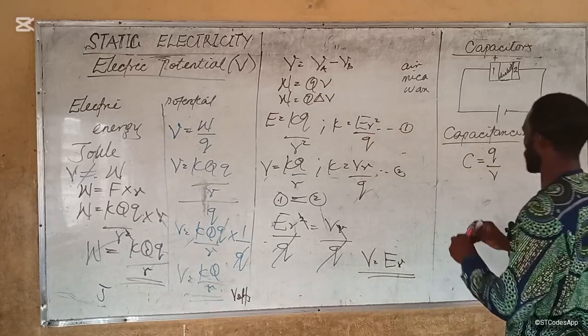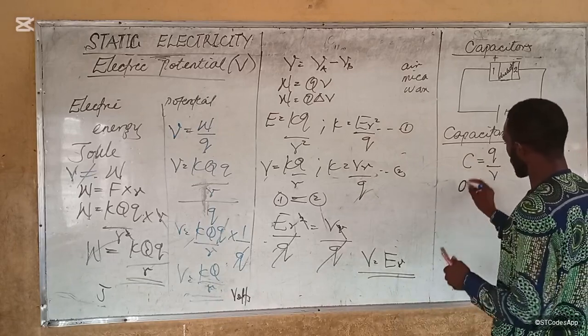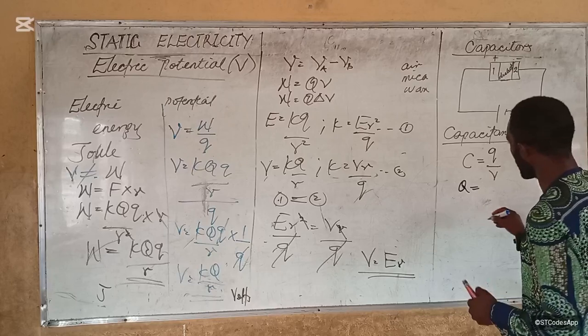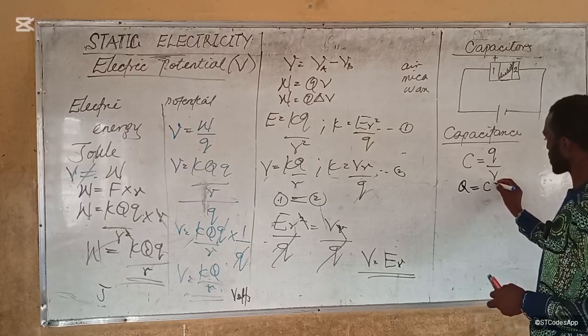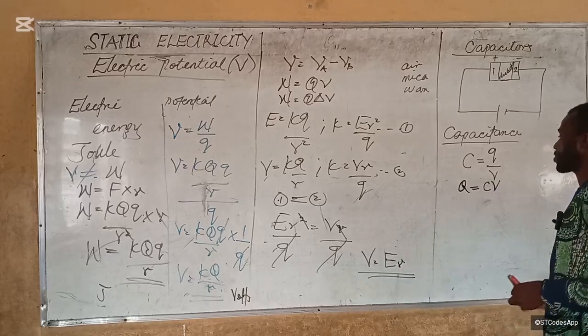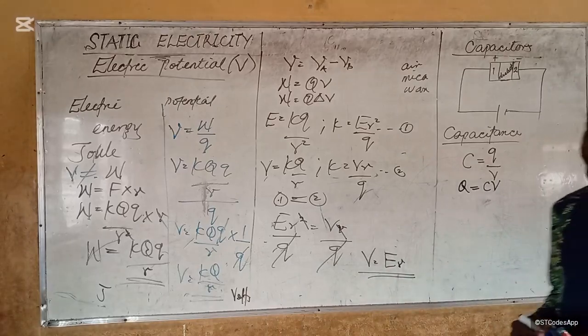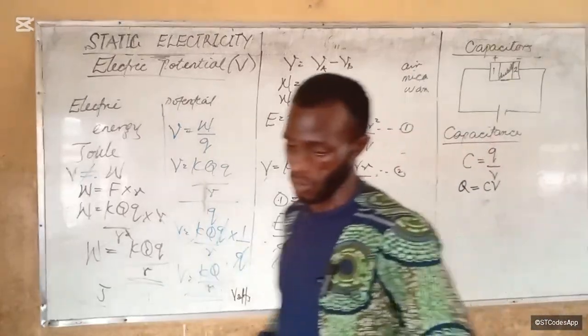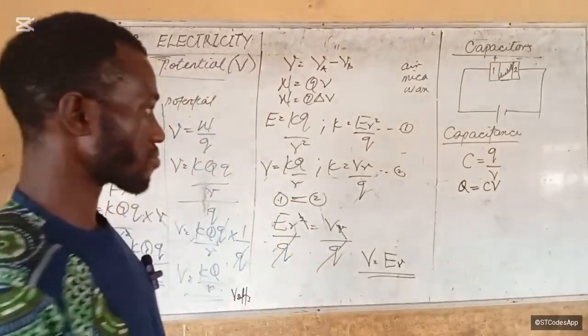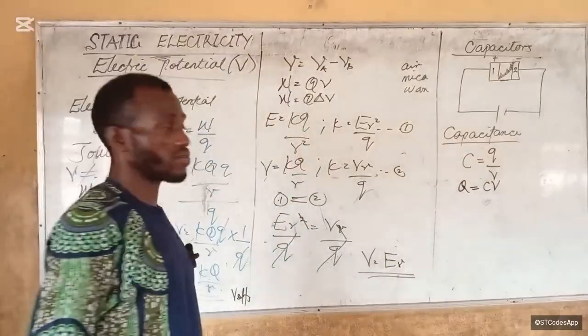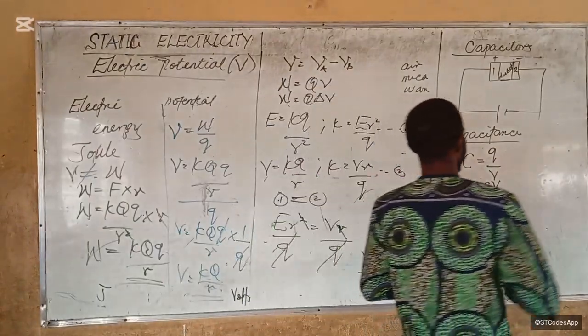So it means that the quantity of charge stored by a capacitor is given by the capacitance of that capacitor times the voltage that is passed through it. All right. So that is the formula of capacitance. These are the formulas you should know about capacitance.